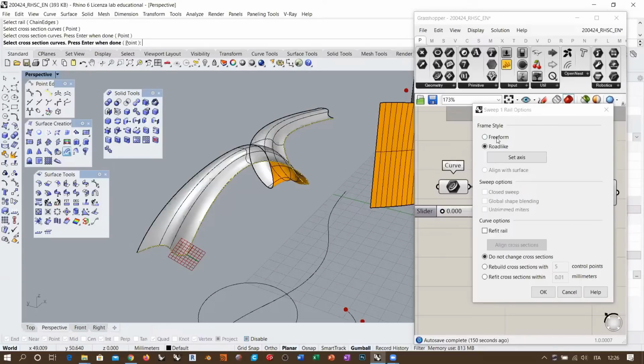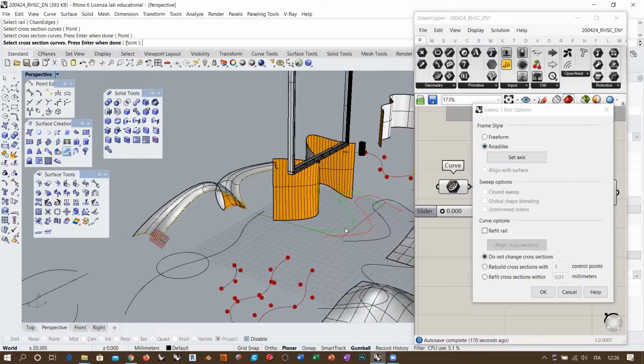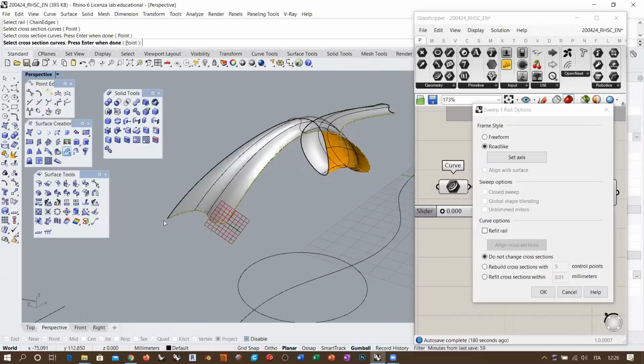So what this road-like is saying is that the frame of the curve doesn't rotate according to the natural twisting of the curve. It remains road-like. What road-like is doing is basically considering the vertical direction of the actual viewport, which is the vertical Z. So if this line, this cross-section, is horizontal according to this vertical axis, it will be kept horizontal all along the sweep.